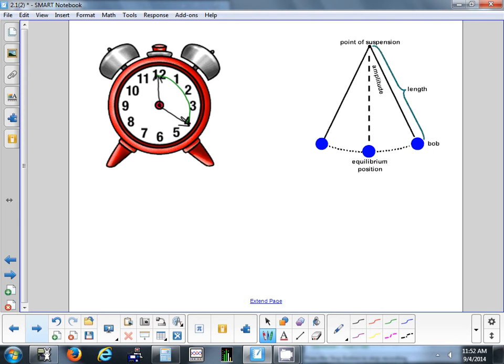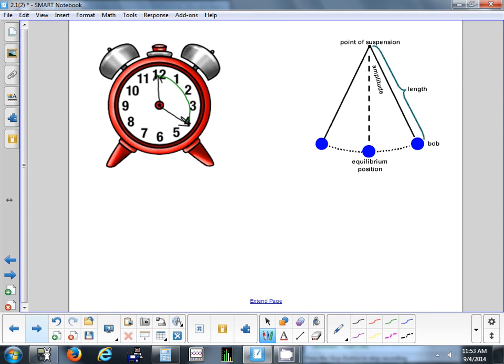Okay, so you're going to have a couple problems with a clock like that. The other problem is a pendulum. They're going to tell you the length of a pendulum, and they're going to ask you how far it swings back and forth. Well, as a pendulum swings, what's the path that it traces? Circle or arc.